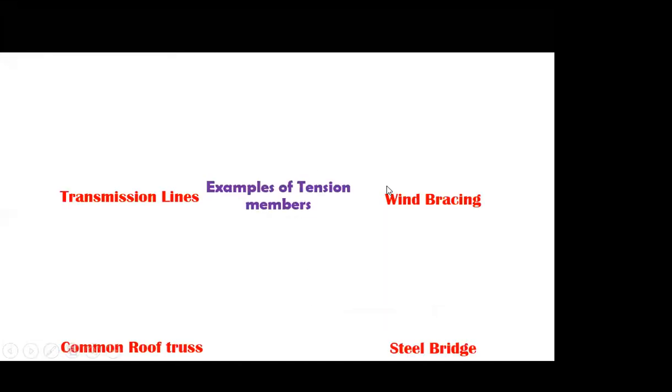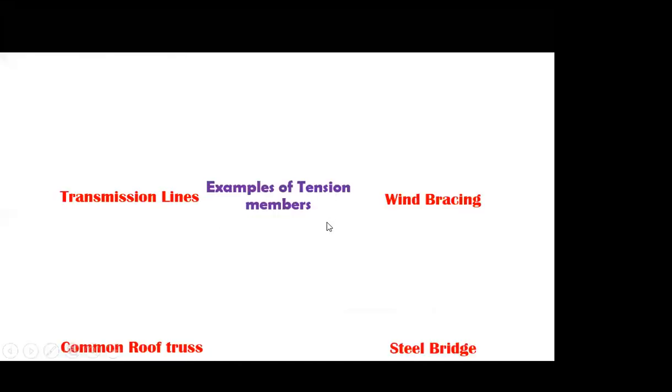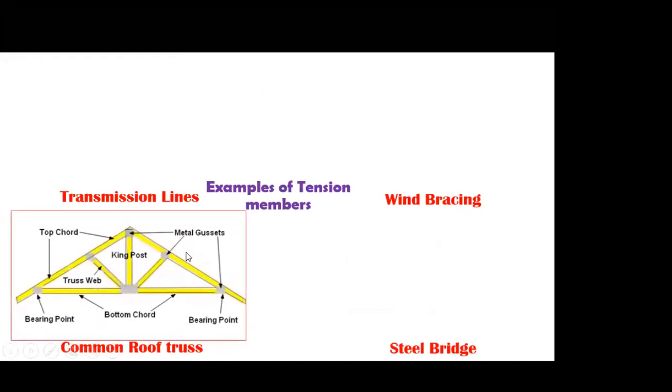What are the examples of tension member? We have told about the tension member. Let's see what the examples are. Which are the structures which carry a tension member? Common roof truss. You have seen these structures, with asbestos roof sheets. Maybe in our structure lab, it is designed like this.